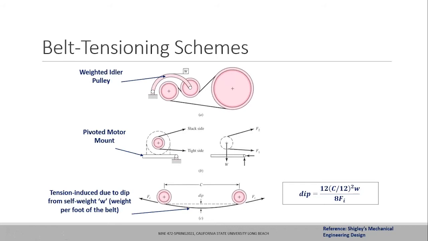If the belt has a tendency to loosen or wear out, then because of the additional weight of this segment of the belt, you will find that the initial tension in the belt is getting readjusted. Does it make sense to you so far? Yes.